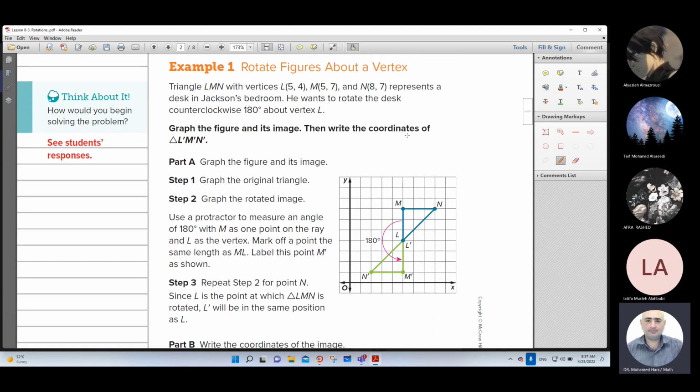The example here: rotate figures about a vertex. Triangle LMN with the vertices L(5, 4), M(5, 7), and N(8, 7) represents a disk in Jackson's pattern.